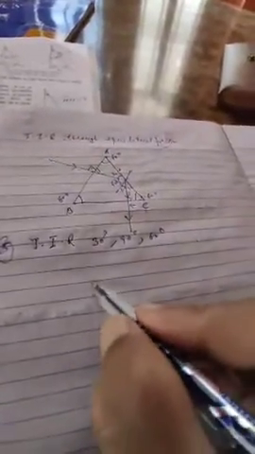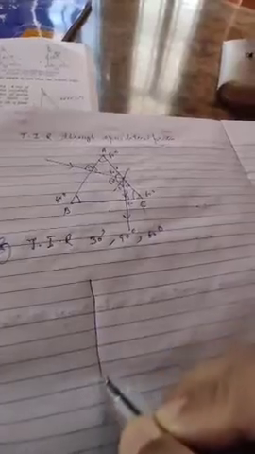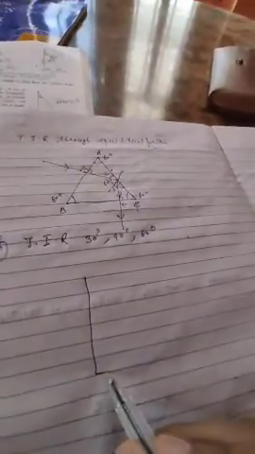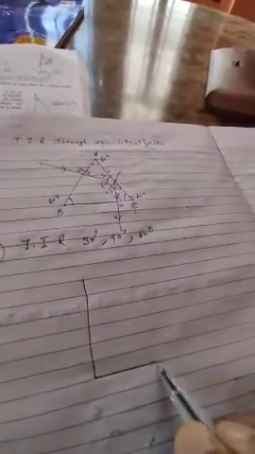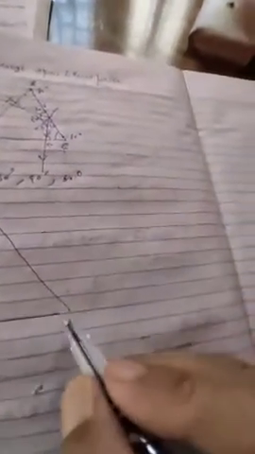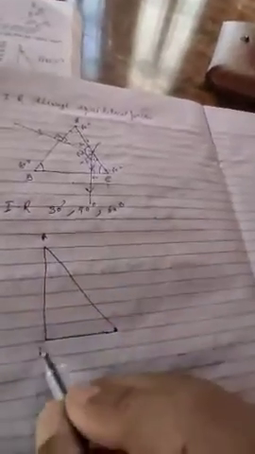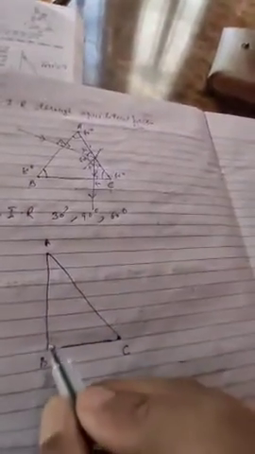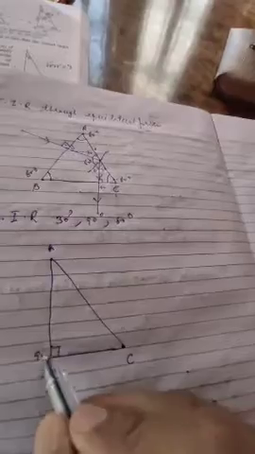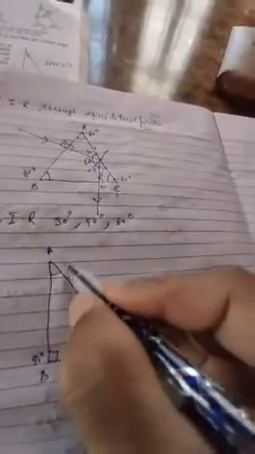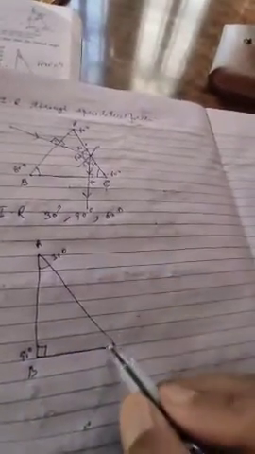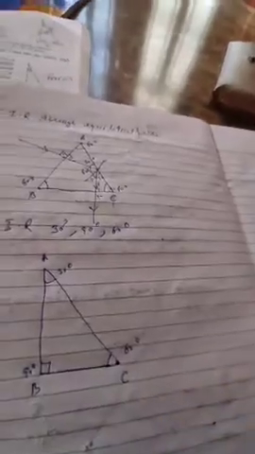Now just see to it. Let this be a right angle prism, A, B, C. This angle is 90 degree, this angle is of 30 degree, and this angle is 60 degree.